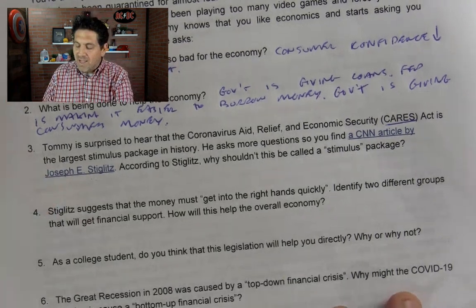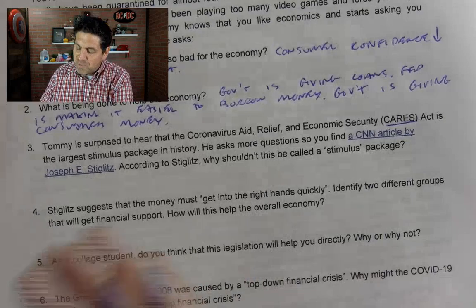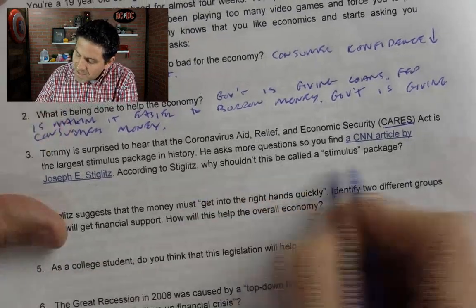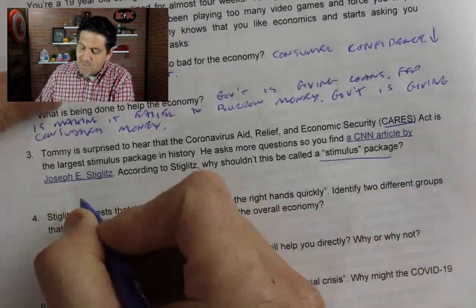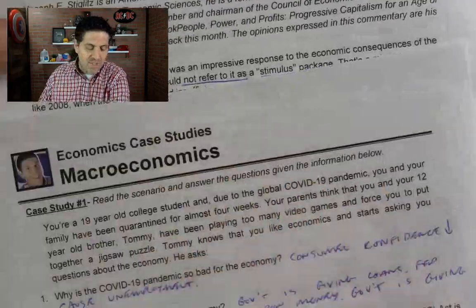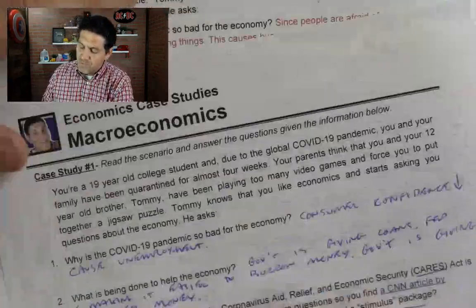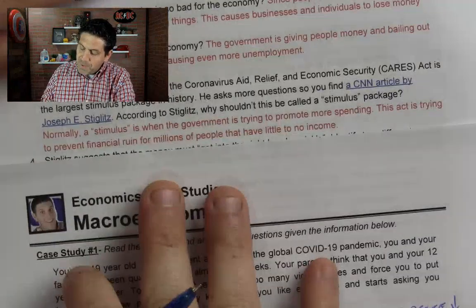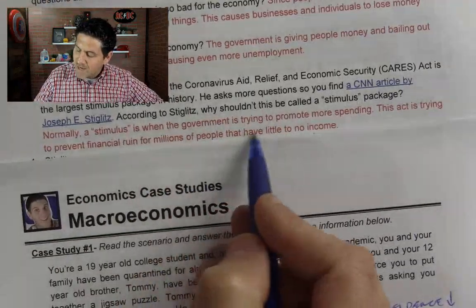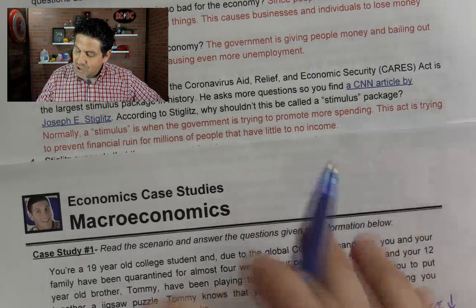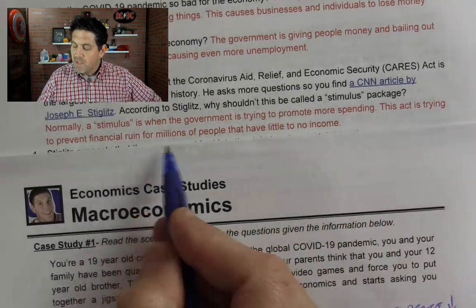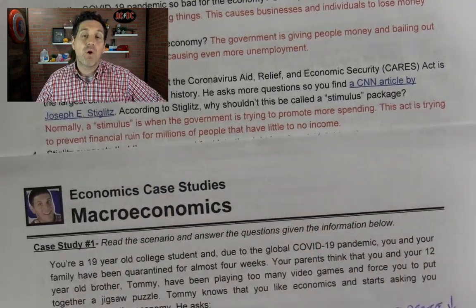And I do agree, you know, he's kind of splitting hairs here. So basically what he's trying to say is what I wrote down here, and you can see my horrible handwriting, so I'm not going to always write out all the answers. I put: normally a stimulus is when the government is trying to promote more spending. This act is trying to prevent financial ruin for millions of people that have very little or no income.